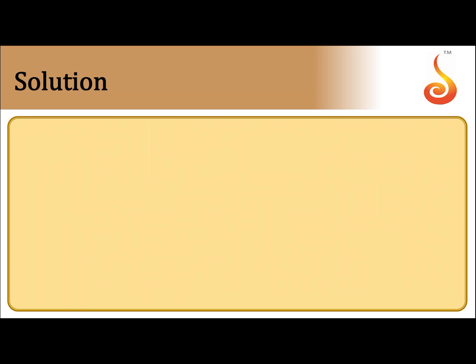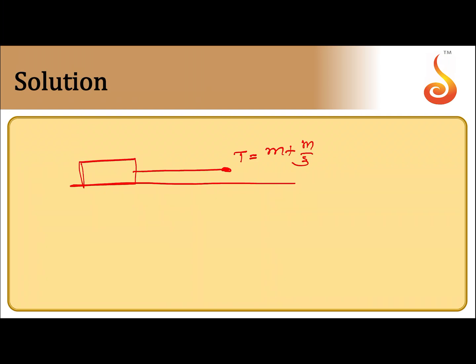Here you may wish to calculate the tension at various points. For example, if you want to find the tension at this point, what is it? The tension at this point will be equal to m plus m by 3 into acceleration. Suppose I want to calculate the tension at this point. The tension at this point is simply m into a, correct? Suppose I want to calculate the tension at this point, that is, for example, 1/3 distance. What is that?